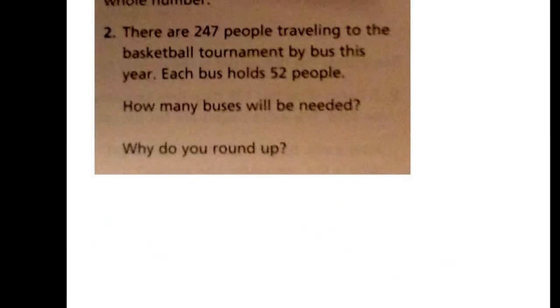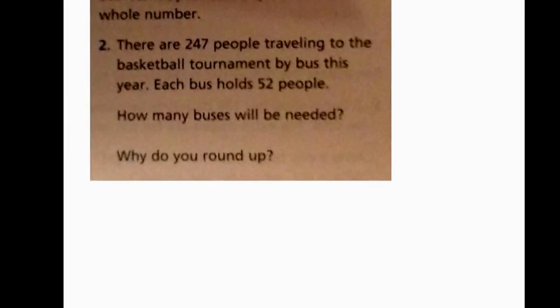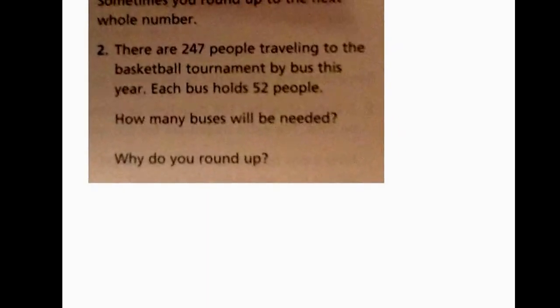In this slide you're going to see sometimes we round up to the next whole number. It says there's 247 people traveling to the basketball tournament by bus this year. Each bus holds 52 people. How many buses will we need? Obviously we're going to solve this problem with 247 divided by 52.